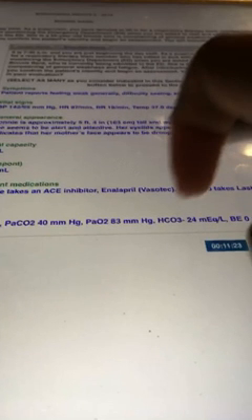Am I really supposed to even get all these levels of an assessment on her initial in the emergency room? No. Should I get that? Okay, let's get it.